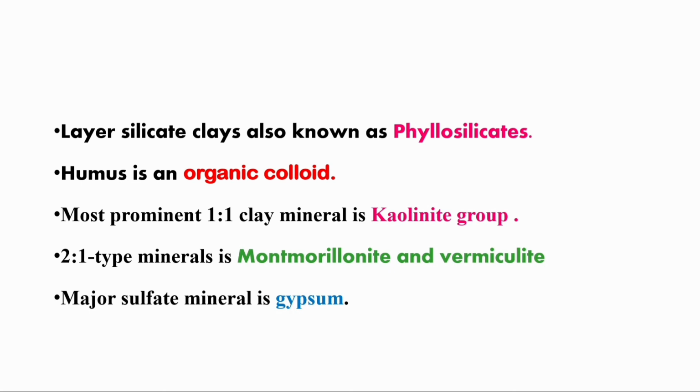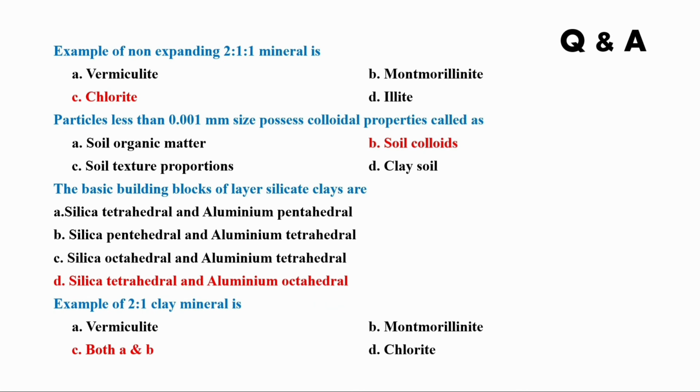Good friends, the last part of this presentation is question and answers. The example of a non-expanding 2:1 mineral is, the option is C, chlorite. Particles less than 0.001 mm size possess colloidal properties and are called, option B, the soil colloids.